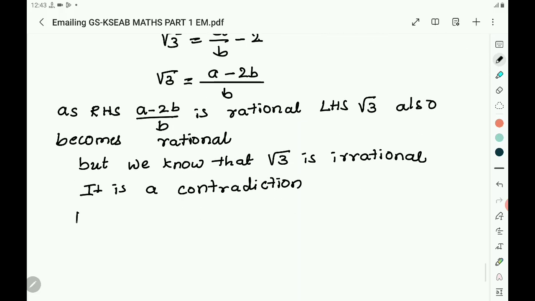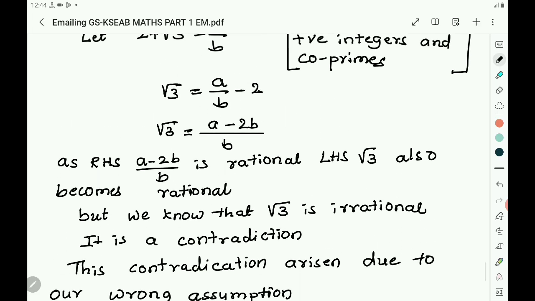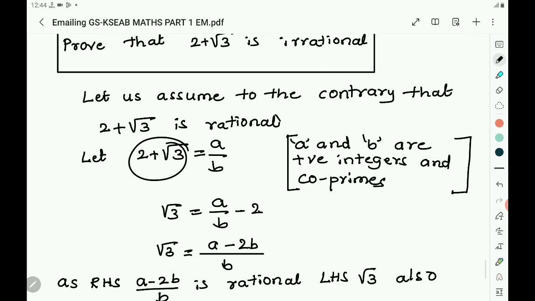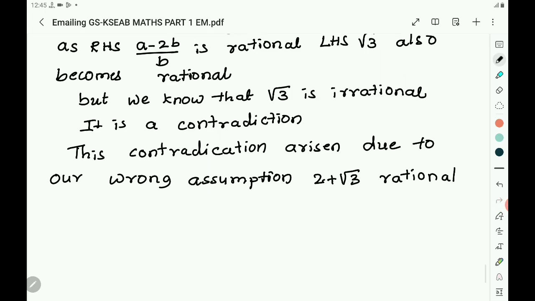This contradiction arises due to our wrong assumption, or incorrect assumption, that 2 plus root 3 is rational.